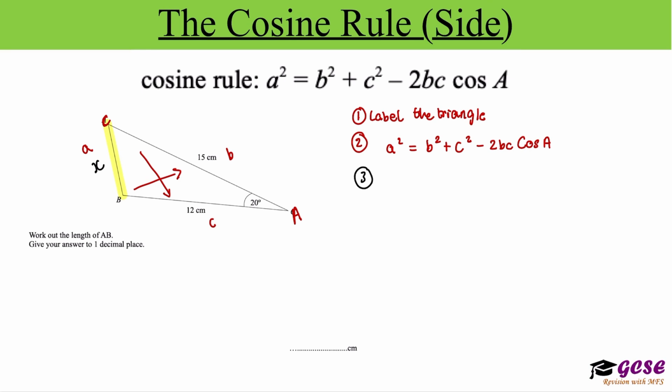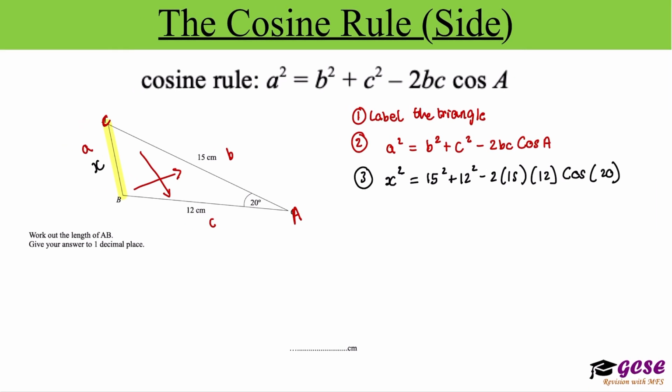When we don't know what a is, that's what we're going to work out, and we've labeled a as x, so we're going to say x squared equals b, which is 15, so we've got 15 squared, plus c, which is 12 squared, minus 2, b is 15, c is 12, and then we've got cos, and then capital A, which is 20 degrees.